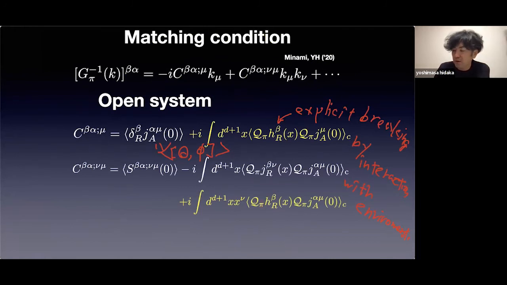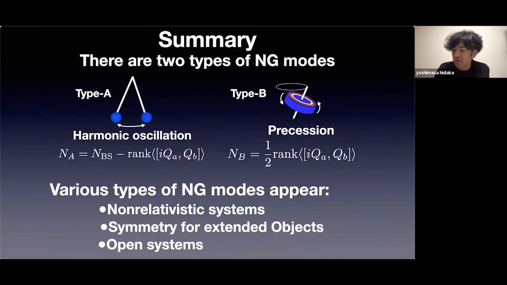So time is running out, so let me summarize my talk. So in this talk, we discussed the generalization of the Nambu-Goldstone theorem. So in general, there are two types of energy mode. That is the type A mode, and the other is the type B mode.